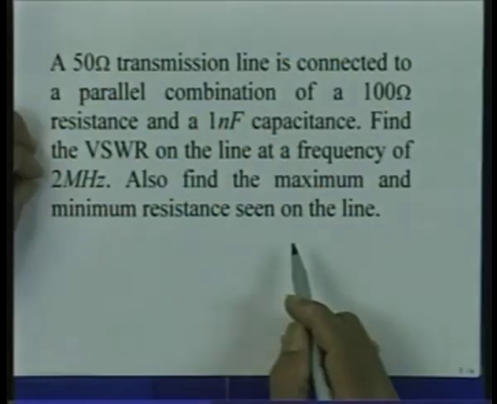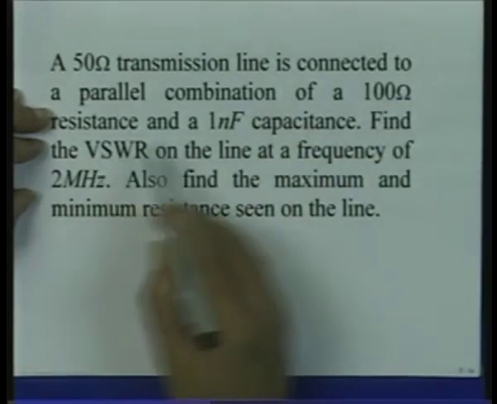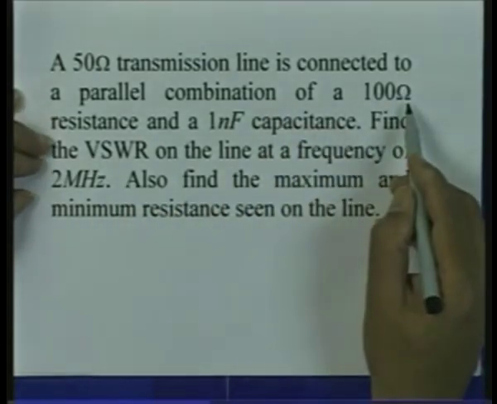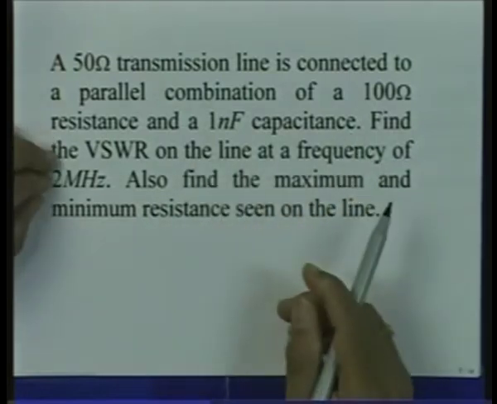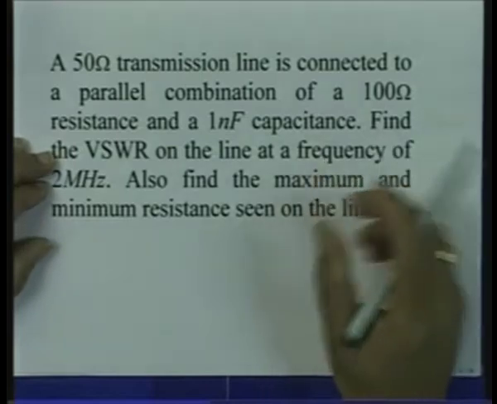Let us consider another problem. Let us say we have a transmission line with a characteristic impedance of 50 ohms, and this line is connected to a parallel combination of a 100 ohm resistance and a 1 nanofarad capacitance. In fact, this is a very common problem whenever we have a cable at high frequencies, and let us say I want to connect this cable to some circuit whose output impedance is about 100 ohms.